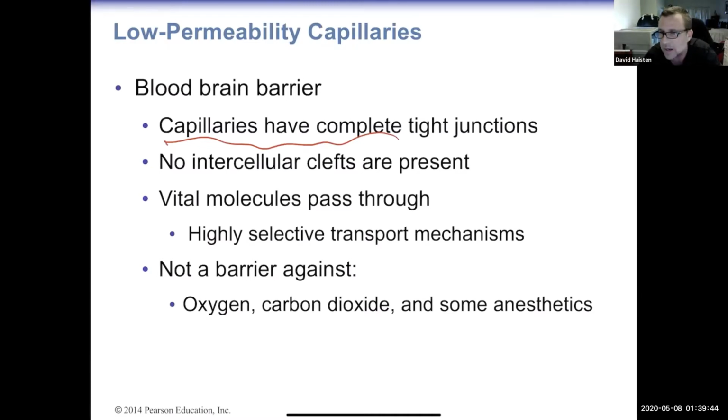Do you think they're going to have fenestrations? Hell no. Zero intercellular clefts. The only thing getting through is that which is wanted getting through to your brain. So highly selective transport mechanisms. So what's going to be the mechanism of choice for things to get into your brain, to the neurons? Transcytosis.